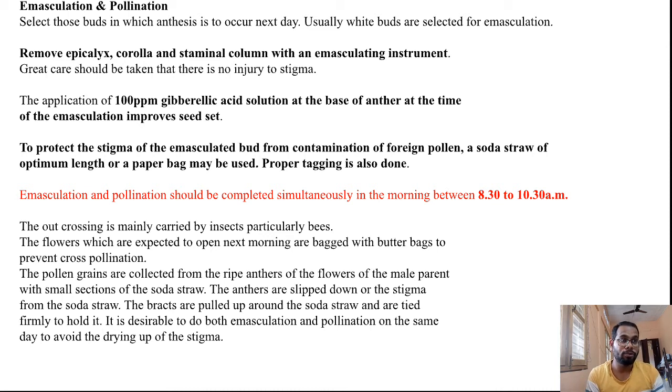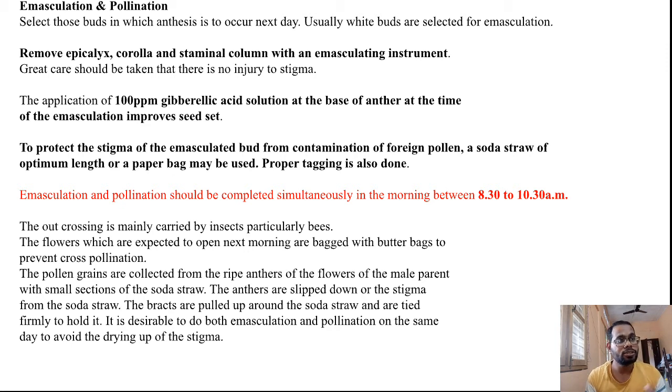During the process of removing, we have to take care about injury to the stigma. If injury happens to the stigma, then what will happen? If you do the pollination, meaning you transfer the pollen grains on the surface of the stigma, then after that the germination of the pollen and pollen tube formation will not occur properly.